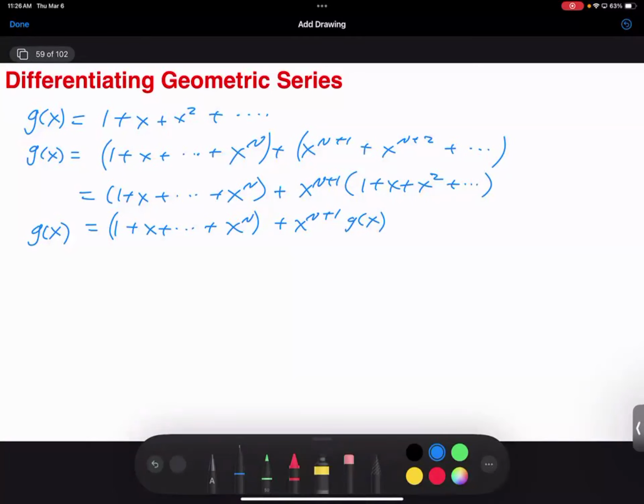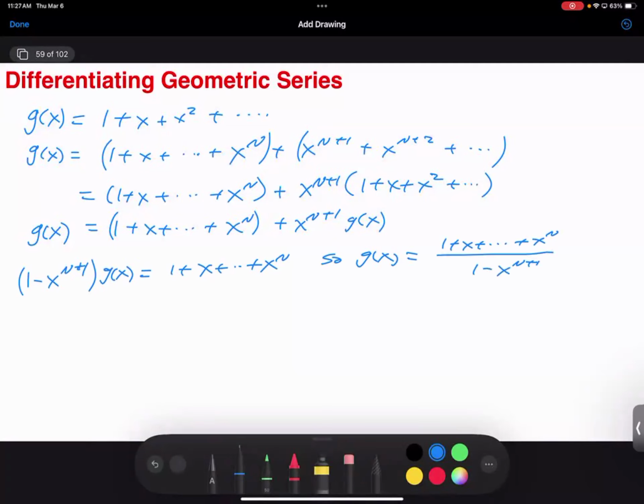Group by terms and solve. So what do you mean by group by terms? Good. So one possibility is this is just 1 minus x to the n plus 1 times g of x is 1 plus x plus dot, dot, dot, plus x to the n. So g of x is 1 plus x plus dot, dot, dot, plus x to the n over 1 minus x to the n plus 1.